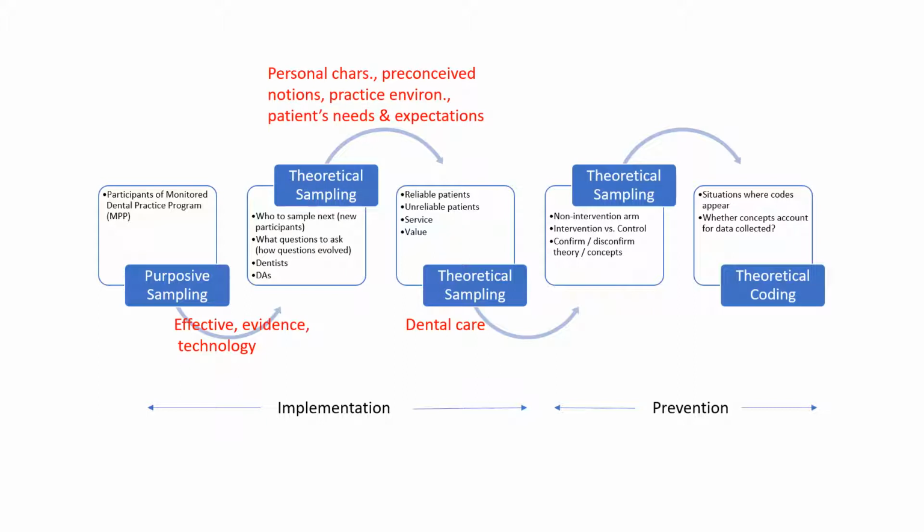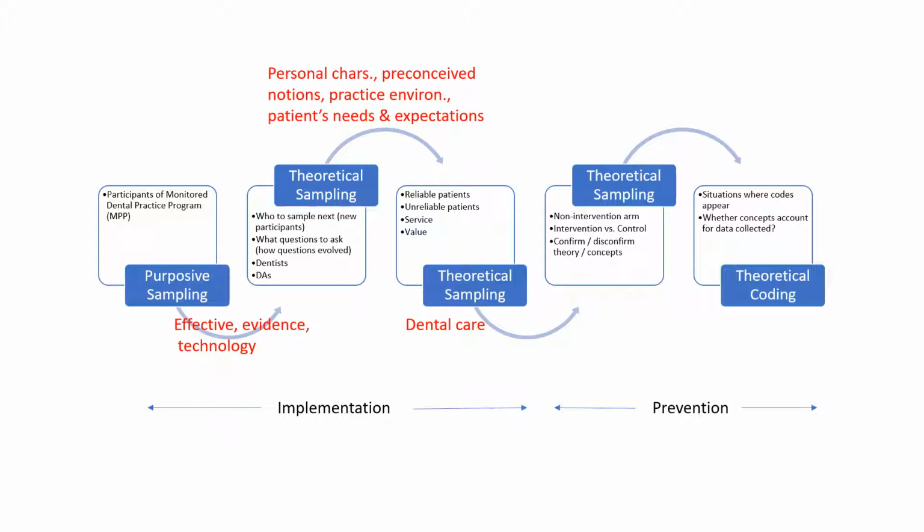So based on these new themes identified in the second stage, they decided, now we already have the dentist and the DA's perspective in the first two stages. Why not find out more about the patient's perspective? So they conduct another theoretical sampling in the third stage.